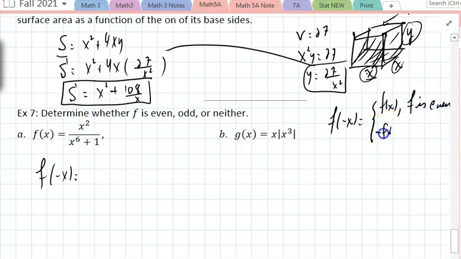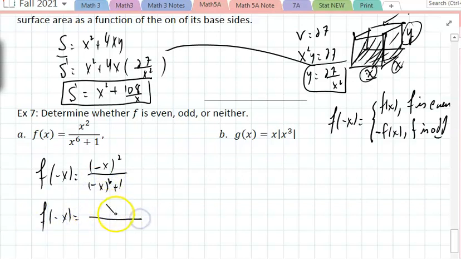And if you get negative f of x, we say f is odd. So in this case, you throw in a negative x, and you simplify. In 2 steps, you're done. So you simplify. If the negative disappears, meaning if this is identical to what you started with, you say, hey, that's an even function.